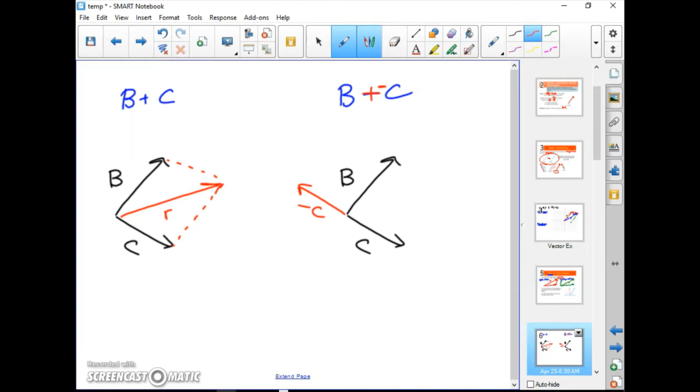And so I would find the resultant of B and the opposite of C. And so here's B, and here's the opposite of C. I would draw that parallelogram. And the resultant force of that would be right there. It's still a dog walker, but that's how you would do B minus C.